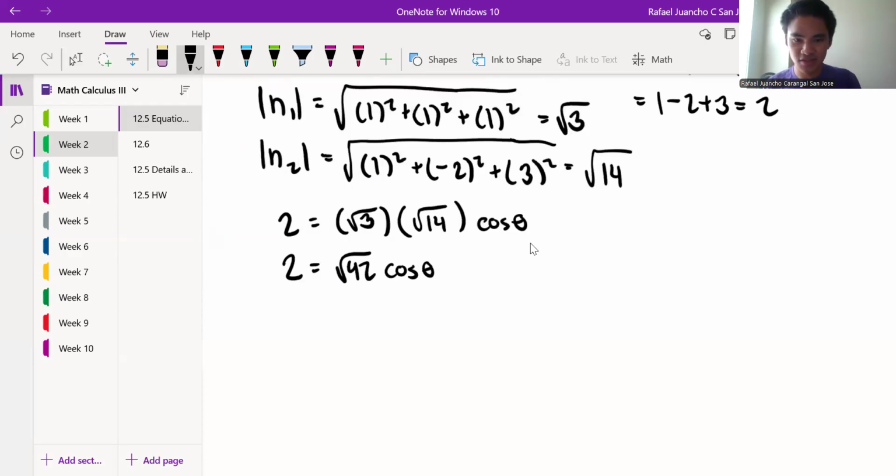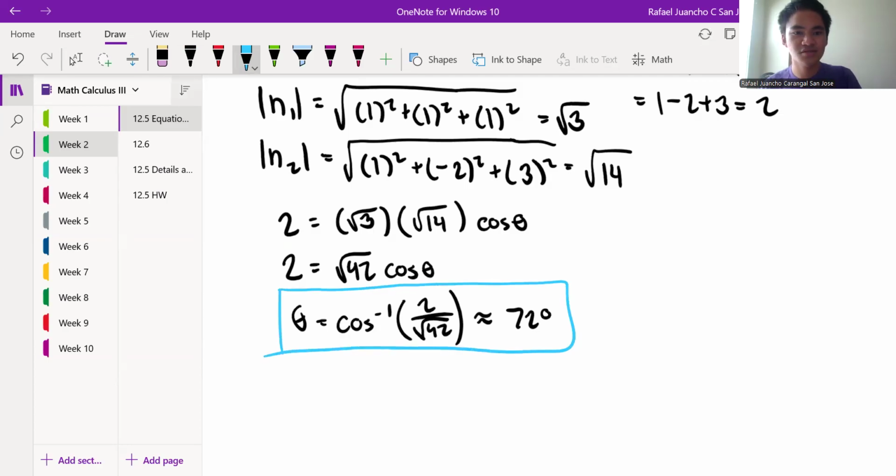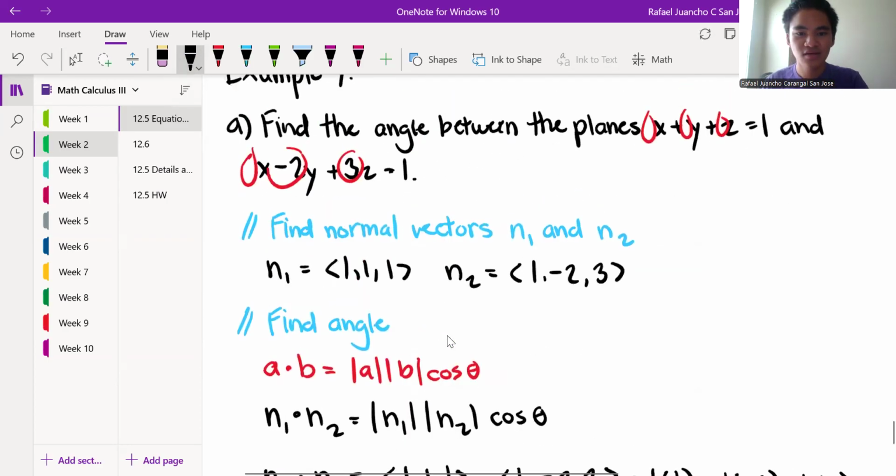I'm going to solve this in degrees, but we can do radians, it doesn't matter. So theta is arc cosine of approximately 2 divided by square root of 42, which is around 72 degrees, which is what my textbook got. So I'm going to say this is the answer. Okay, that's done.